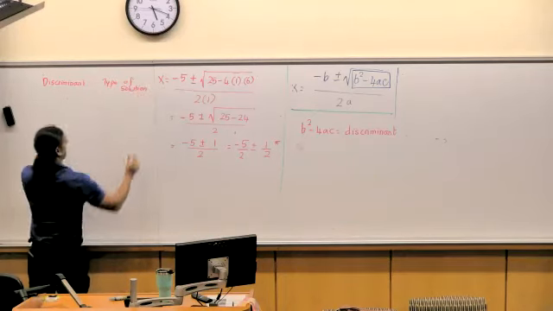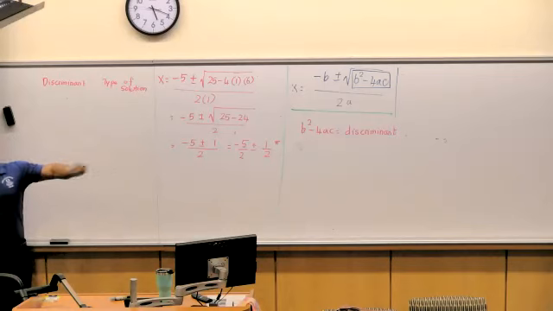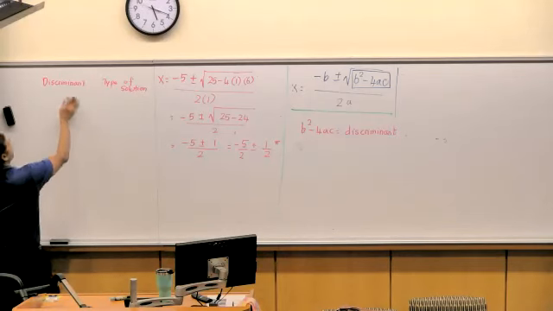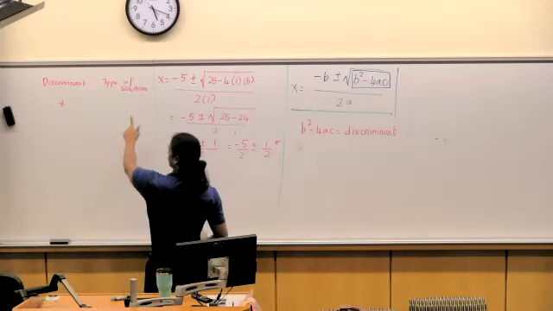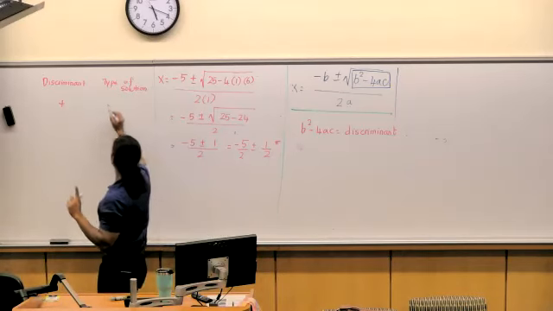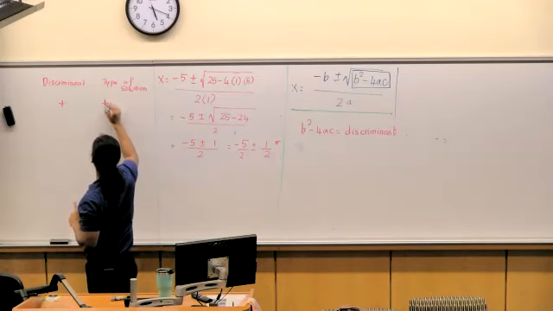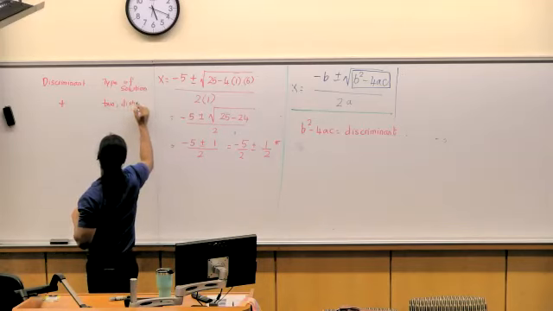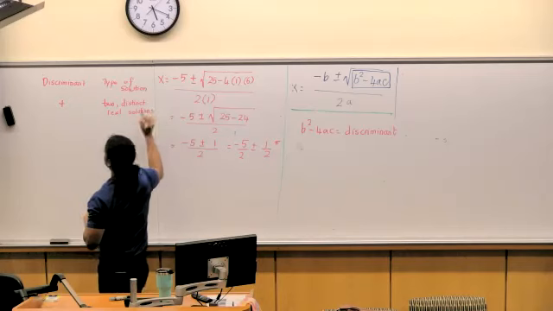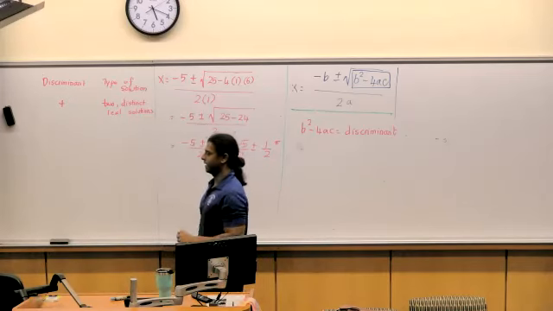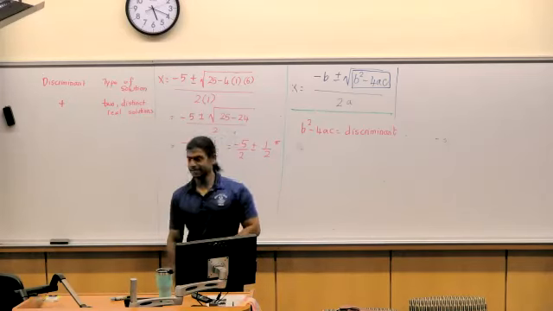Even before you start the problem, if the discriminant is positive, then the solution that you're going to have is two solutions, and they will be distinct.